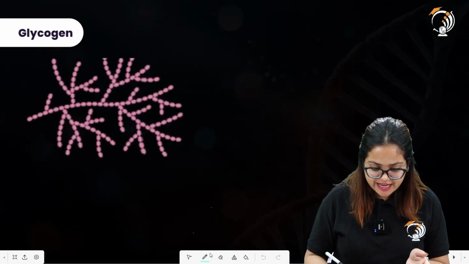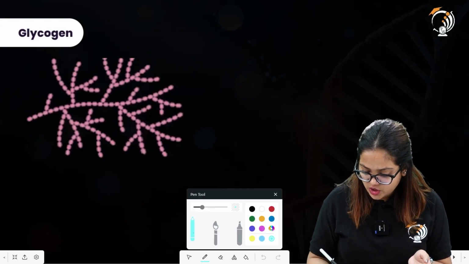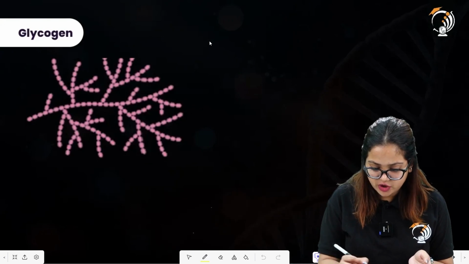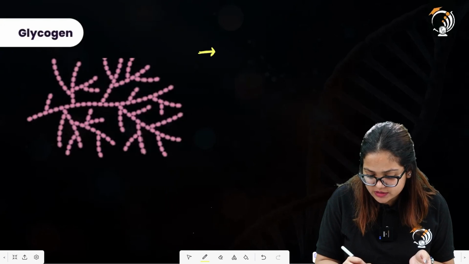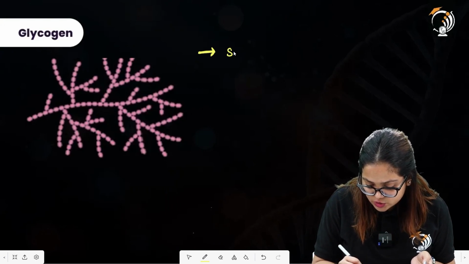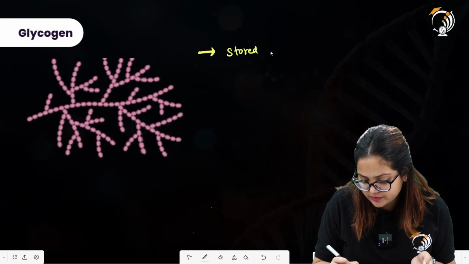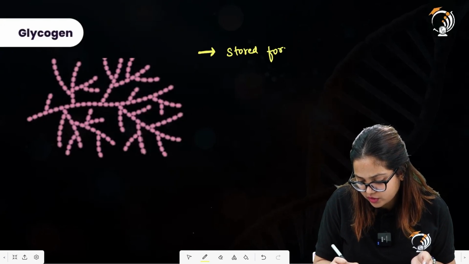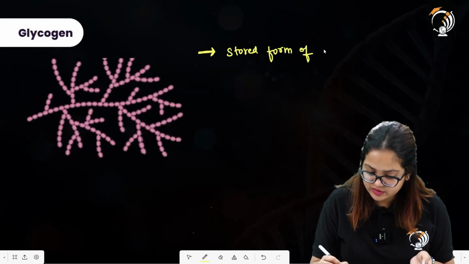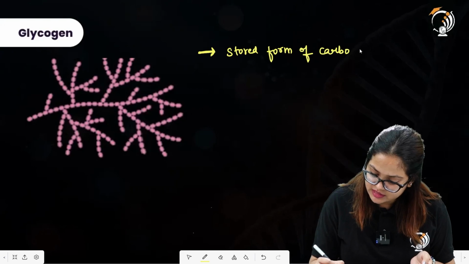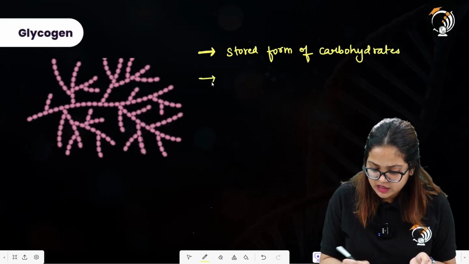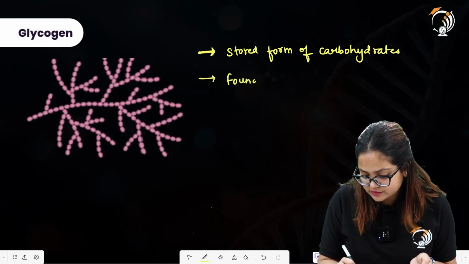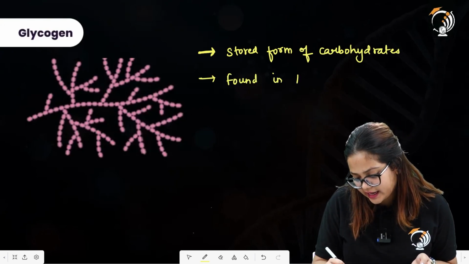Then there is this glycogen. Now glycogen is a component that is made from glucose molecules and it is the stored form of carbohydrates found in animals.